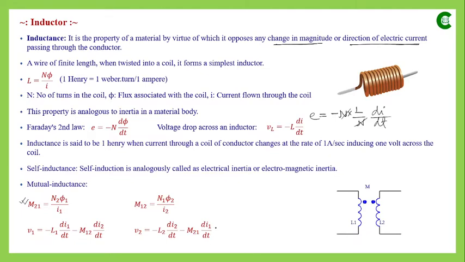So this is how we calculate the induced EMF when we have two coils. Now these two coils can be connected in series or parallel, or it may be that there is no direct electrical connection between those two coils, as we see in case of a transformer.